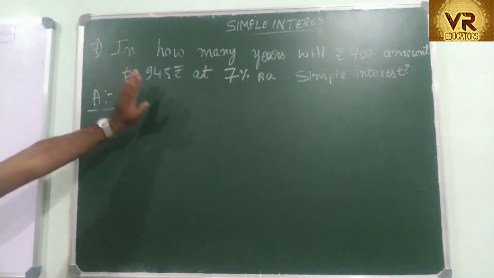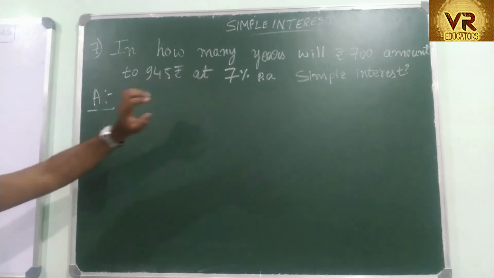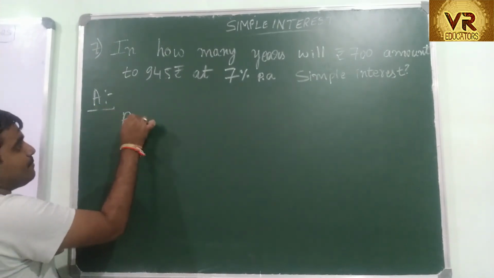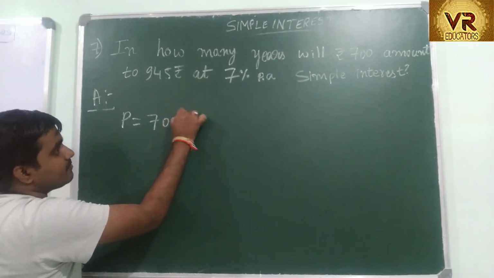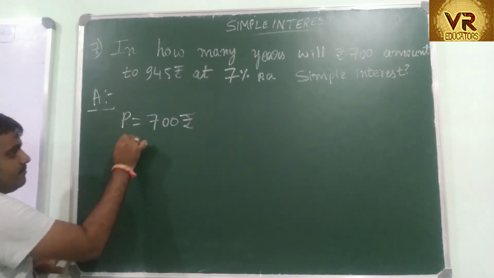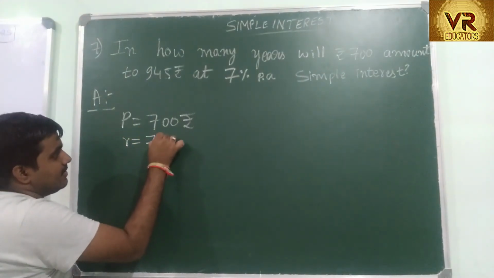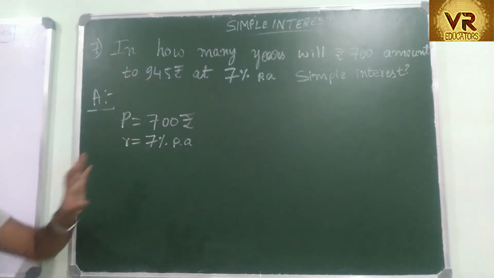Okay. In how many years? 700 rupees is the principal. Okay. So principal amount is 700 rupees. Rate is 7% per annum. 945 rupees is the amount.